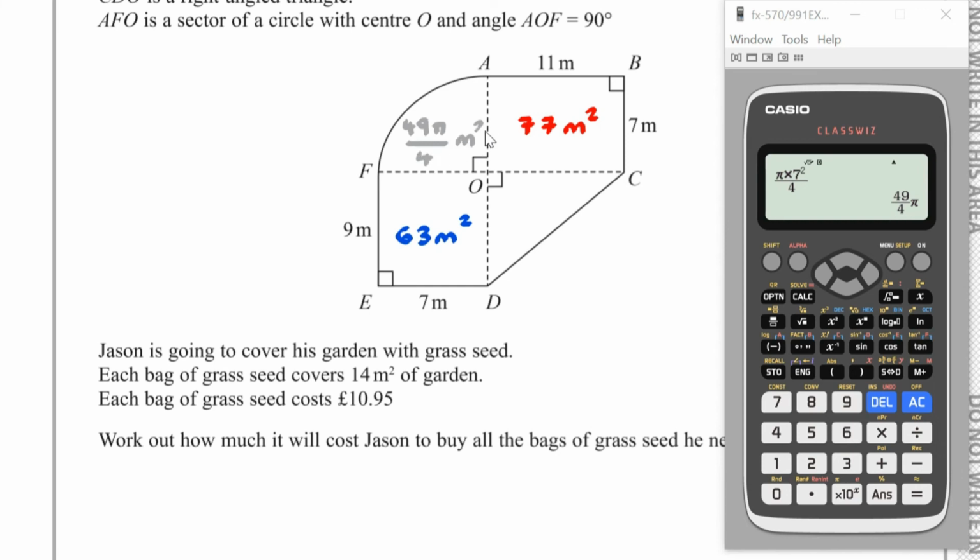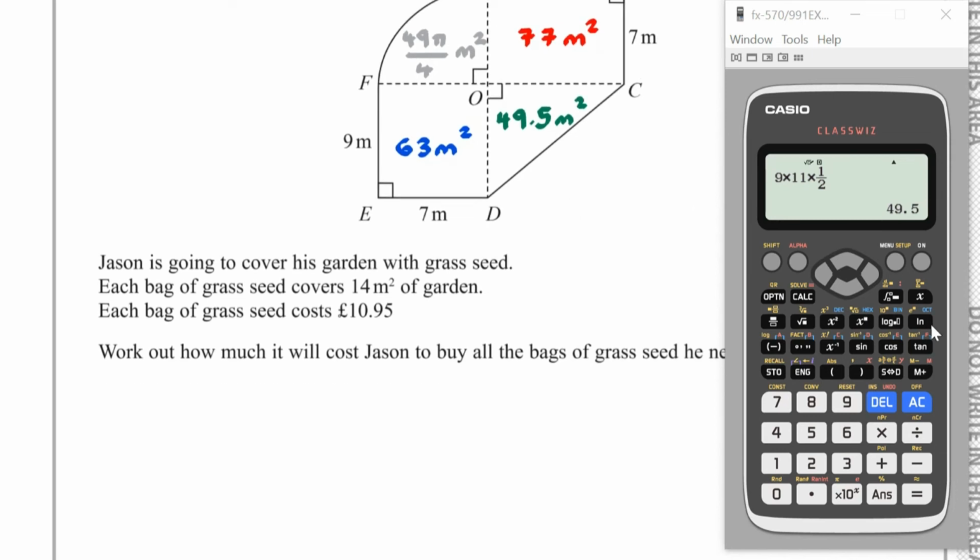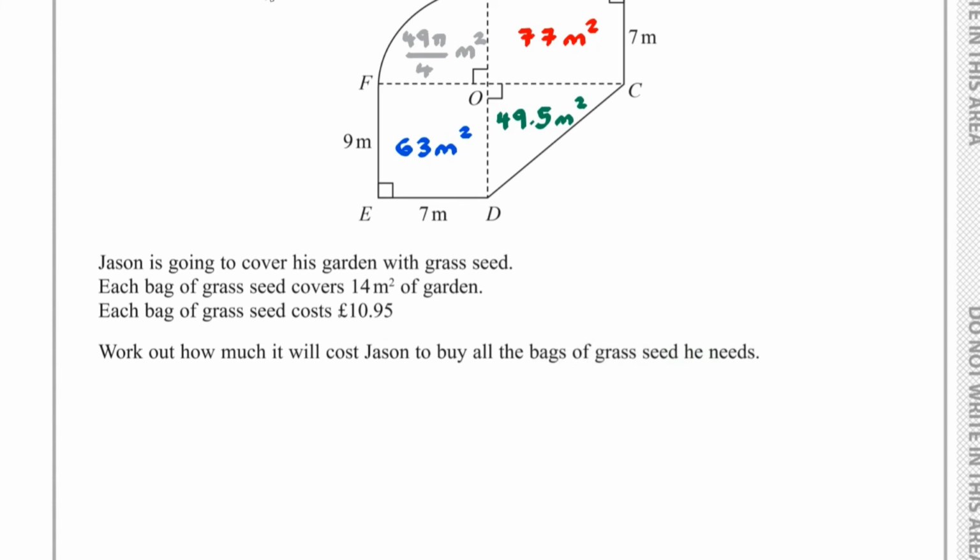meters squared, and here we've got a triangle. 11 times by 9 times by a half is, well, let's work that out. We've got 9 times by 11 times by a half, which is 99 over 2, or 49.5 meters squared. So now we can find out the total area.